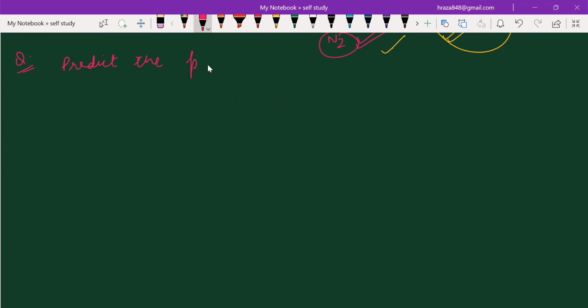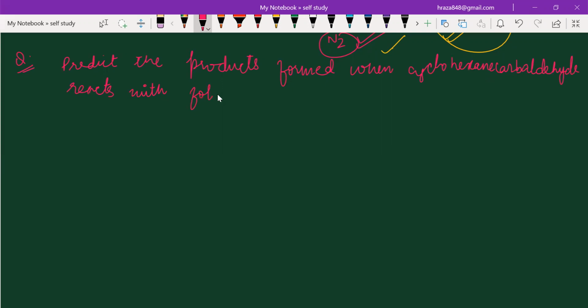Predict the products formed when cyclohexane carbaldehyde reacts with the following reactions.